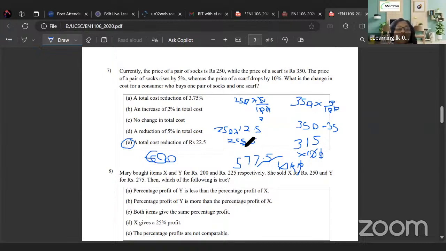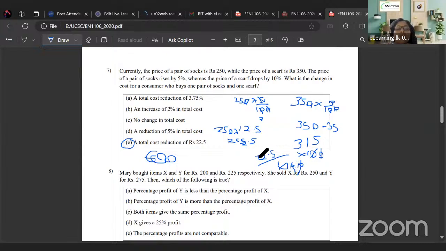Now this will come as total cost reduction is 22.5. We can divide this, but if you divide this by this one, then you have the cost reduction. Reduction is 22.5.